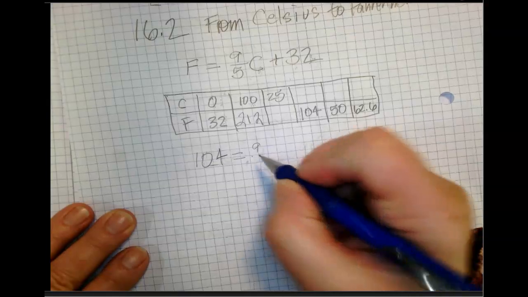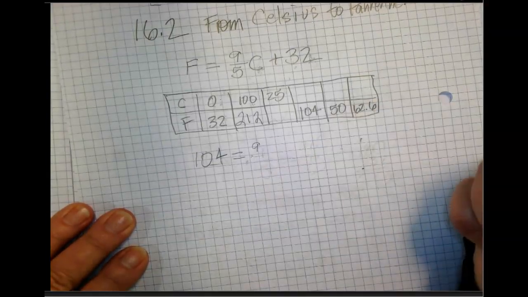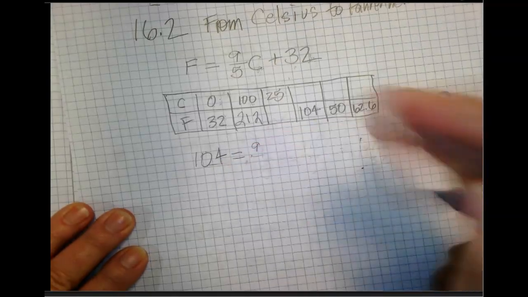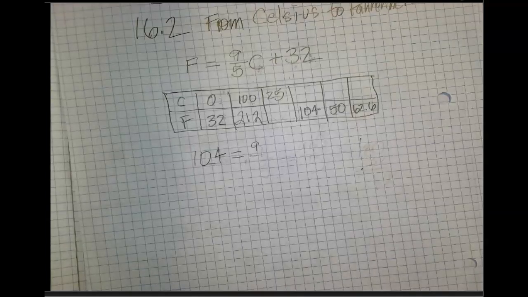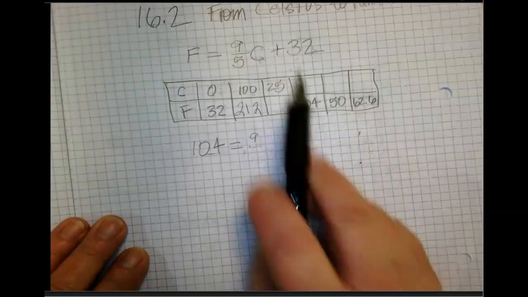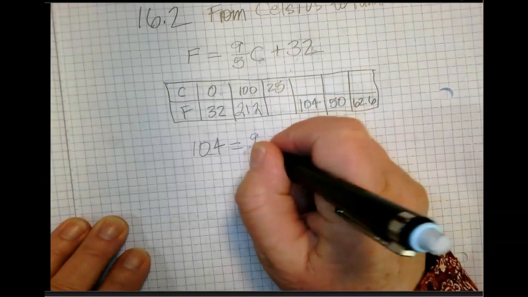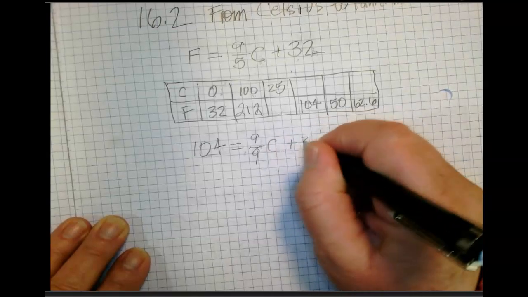Well, the first thing I have to do in order to do that, hold on a sec. Okay, so let's try this again. So I'm going to rewrite this 9/5 times C plus 32.